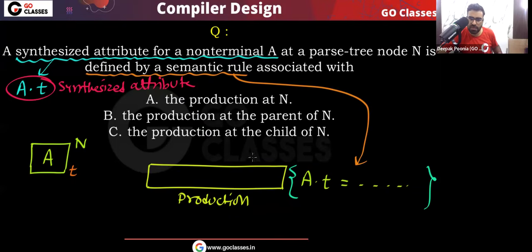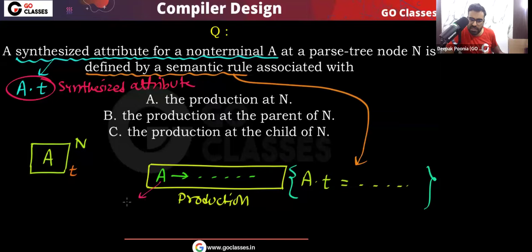Tell me one thing. Corresponding to this production we have written this semantic rule. In this semantic rule, if I define a synthesized attribute of A, then this A must be on the LHS of the production or on the RHS of the production? Tell me. This A must be on the LHS of the production. Yes or no? If you are defining the synthesized attribute of A in this semantic rule, then this A must be on the LHS. Do you agree with me?